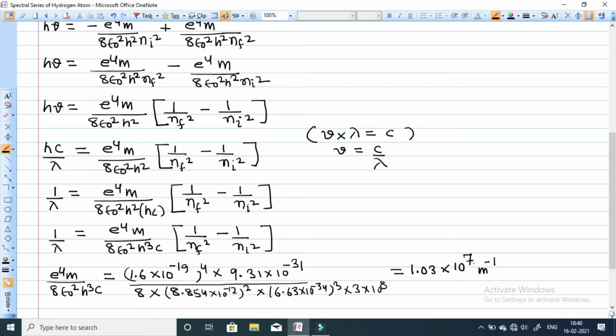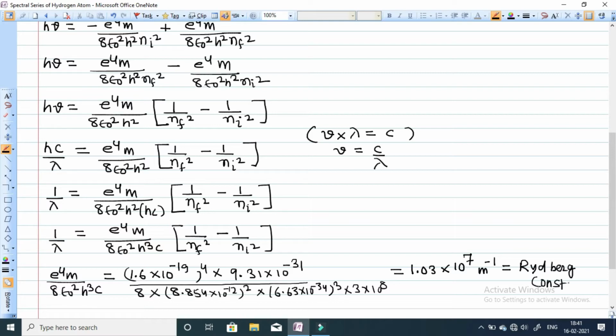Okay, towards the left it is 1 by lambda. Lambda has the unit meters, so 1 by lambda will be meter inverse. Towards the left and towards the right, both will be the same dimension, because n final and n initial are numbers, and numbers are unitless and dimensionless. So the unit will be meter inverse, and this constant is known as Rydberg constant.